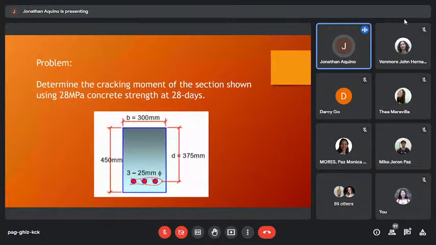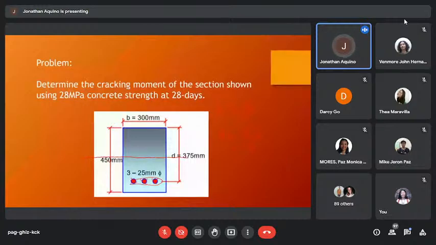So from the formula, the rupture strength Fr is equal to 0.7 square root of F prime C. Okay? Then the cracking moment capacity MCR is equal to Fr times moment of inertia divided by Yt. Okay? So for rectangular section, the centroid is located at the mid depth or the mid height of the beam.